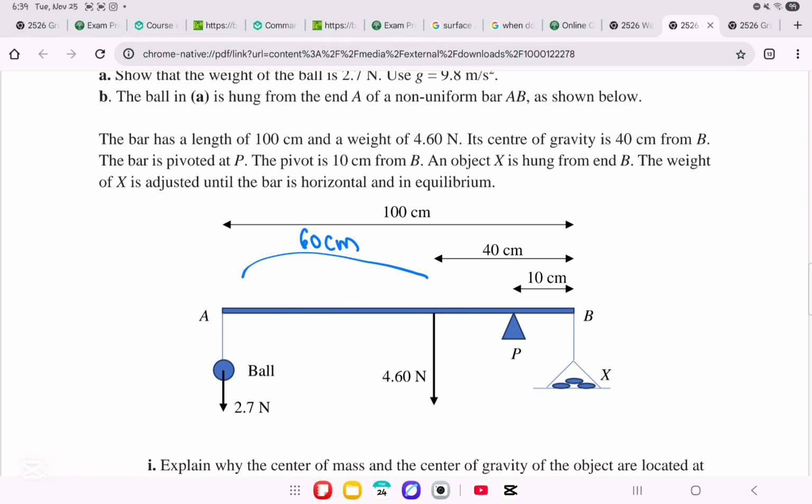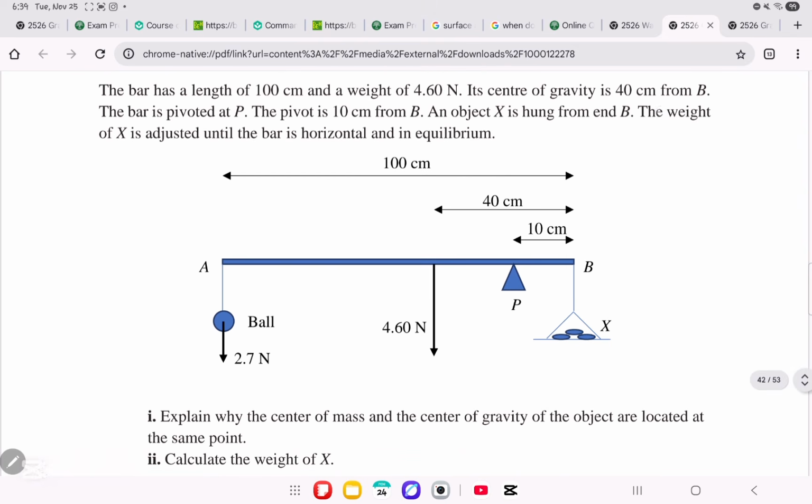Explain why the center of mass and the center of gravity are located at the same point. So what we need to know is that the gravitational field is uniform, meaning that g will be the same everywhere. For example, if you try to find the center of mass, it would be sigma r_i m_i over sigma m_i, right?